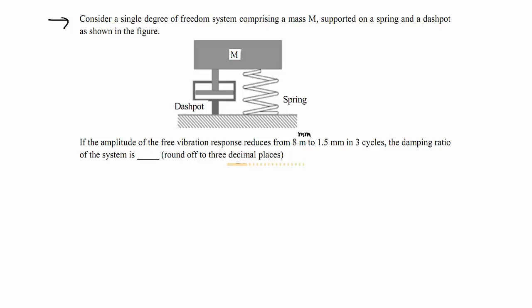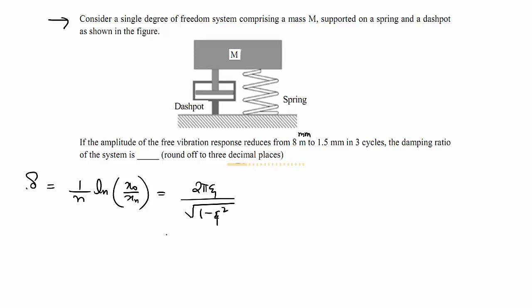So here the damping ratio is given by the formula for logarithmic decrement: delta equals 1 by n times log of x0 by xn, equal to 2 pi zeta by root of 1 minus zeta square. It is getting reduced in 3 cycles, where n is the number of cycles: 1 by 3 times log of 8 divided by 1.5 equals 2 pi zeta by root of 1 minus zeta square.